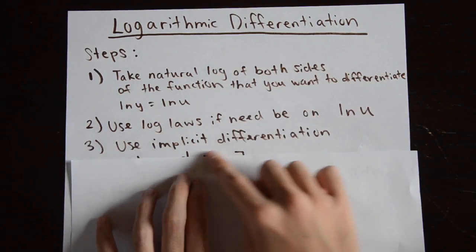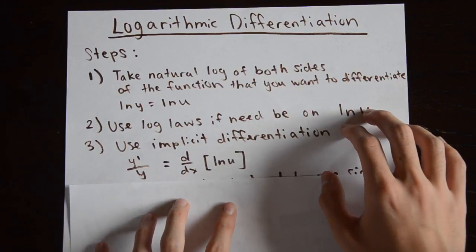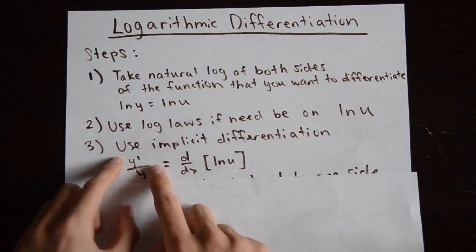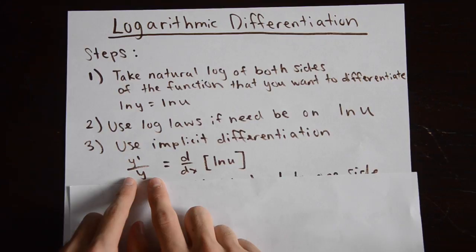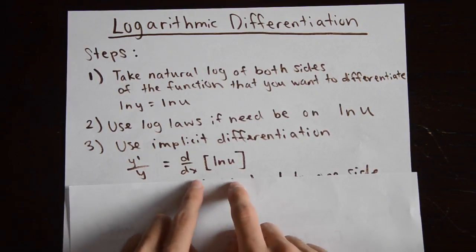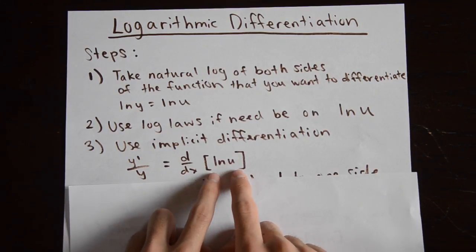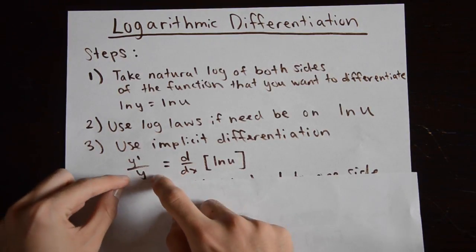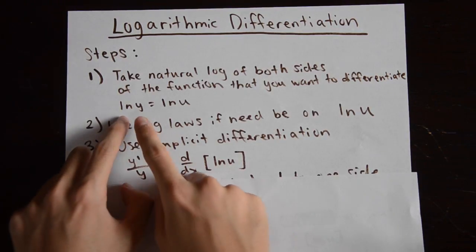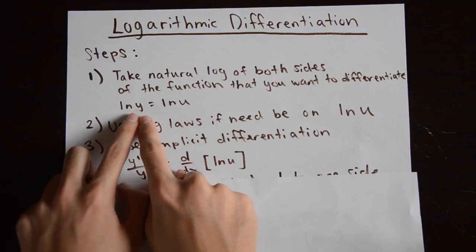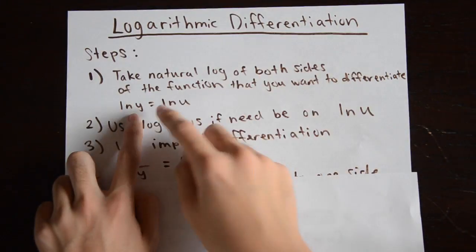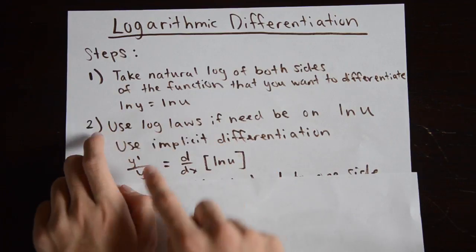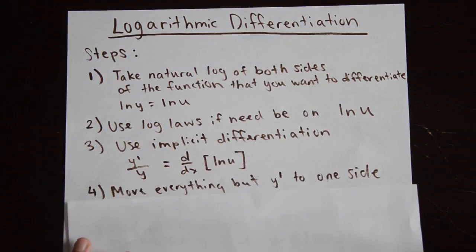Then you use implicit differentiation. So then you'd get y prime over y is equal to the derivative of the natural log of u. Again, we get y prime over y because for the derivative of the natural log of u, we use the formula u prime over u, so it would be y prime over y.